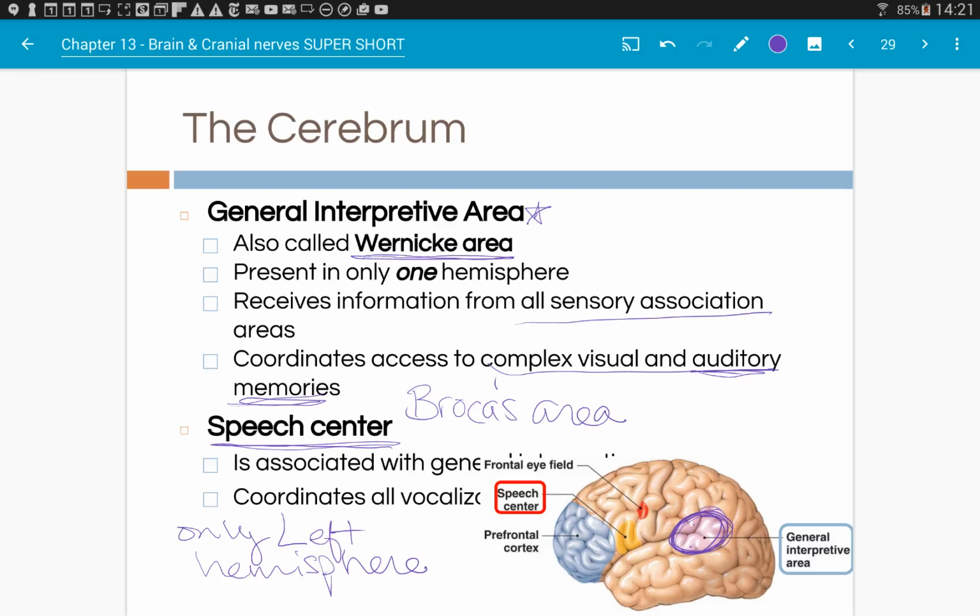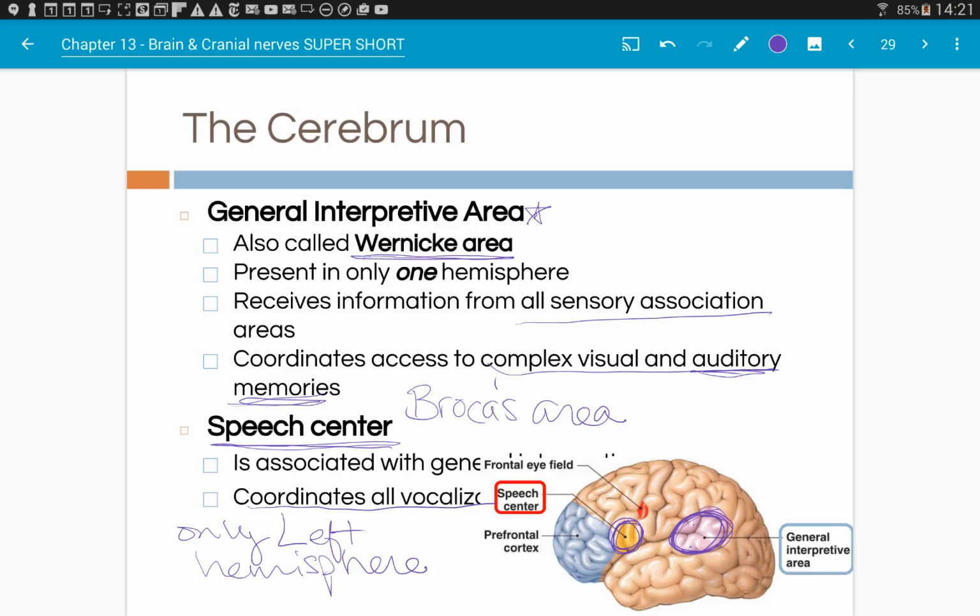The speech center, also found in the left hemisphere only, is this lovely region here. And this is also, or used to be called the Broca's area. And I'm sorry, it kind of covered part of this, but what it says is it's coordinating all vocalization.